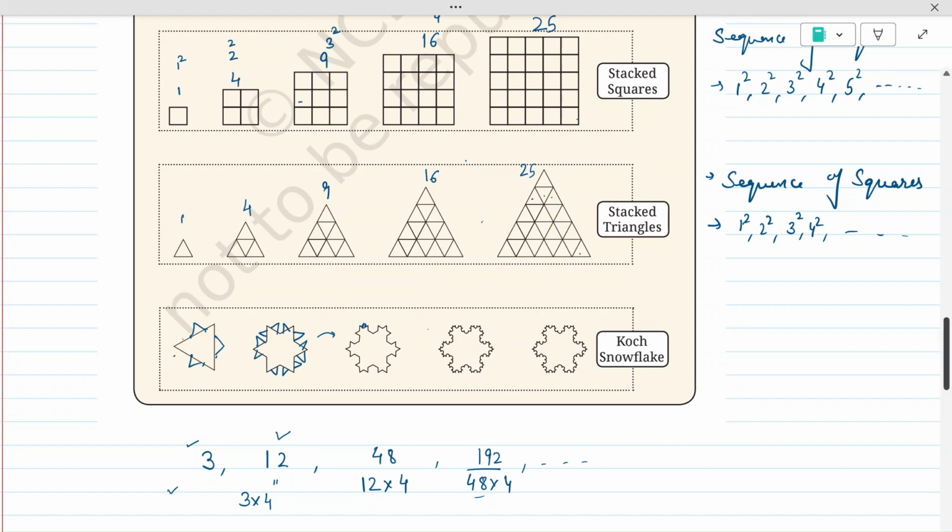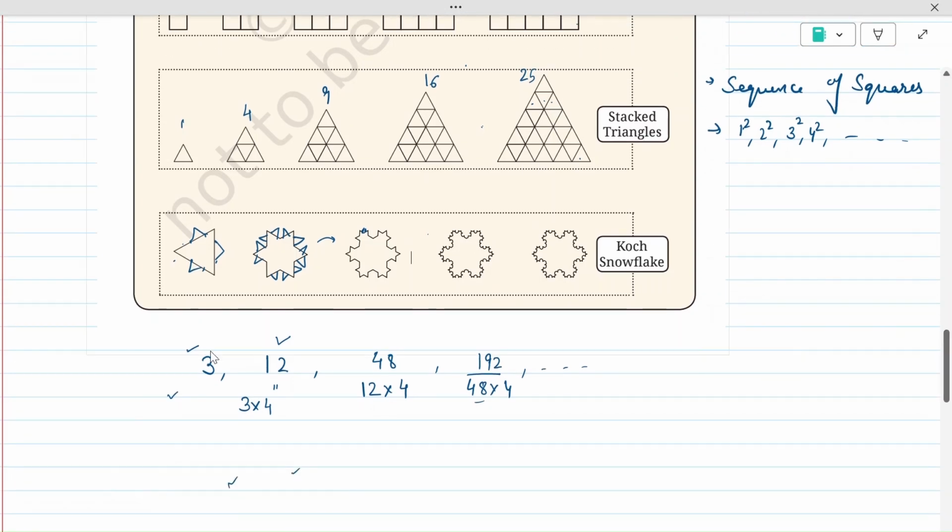The pattern this figure is using is that the first figure in the Koch snowflake has 3 sides, and to get the next figure, we multiply the previous number by 4. So I'm multiplying 3 into 4 to get this, now 12 into 4 to get this, and so on. Or we can also say that we are multiplying by a power of 4: 3 multiplied by 4 raised to the power 0.